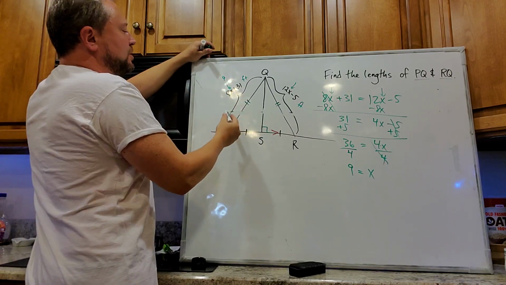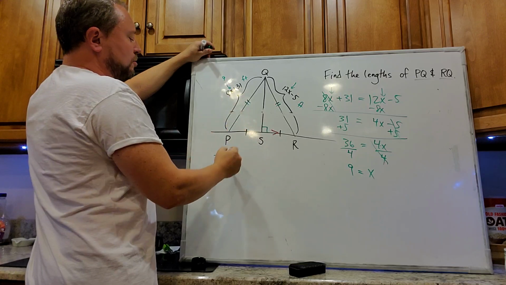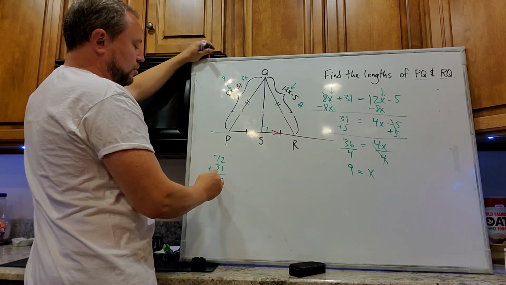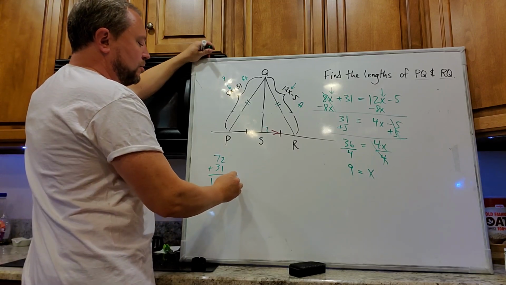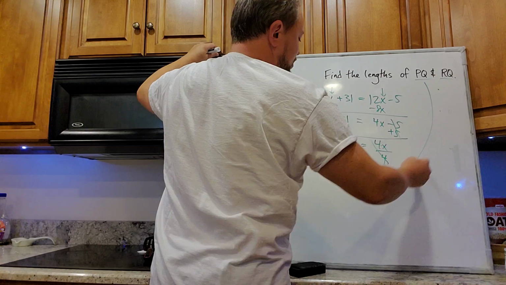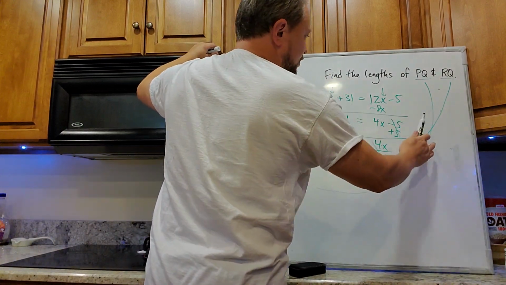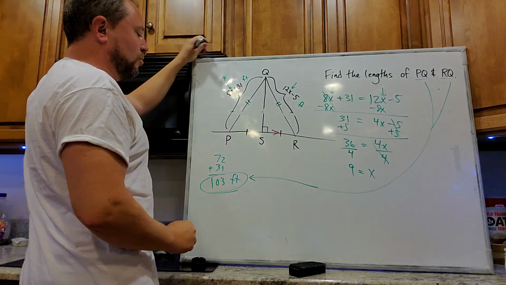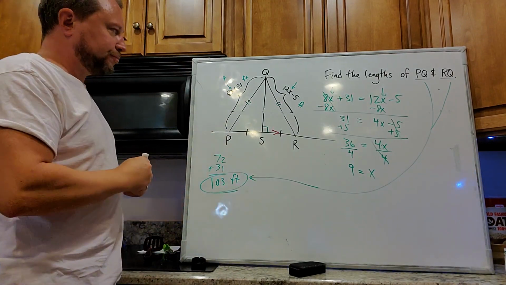9 times 8 would be 72. 72 plus another 31 gets me up to 103. So 103 feet is what we should have gotten for both of these. Both PQ and RQ come out to 103 feet.